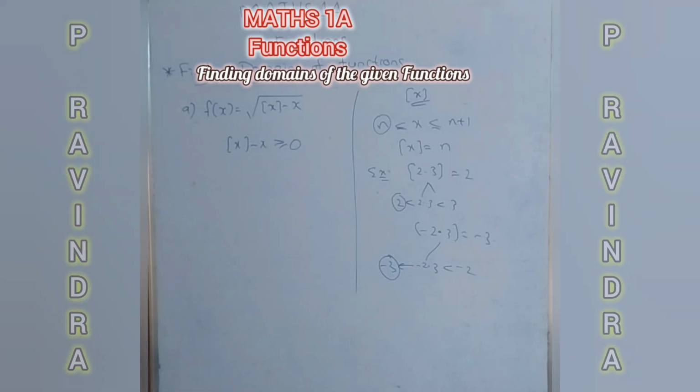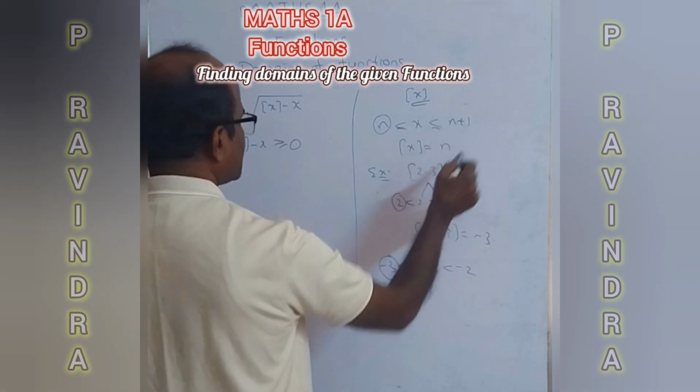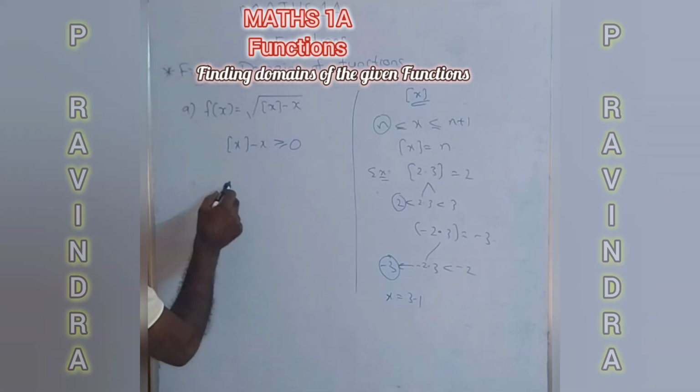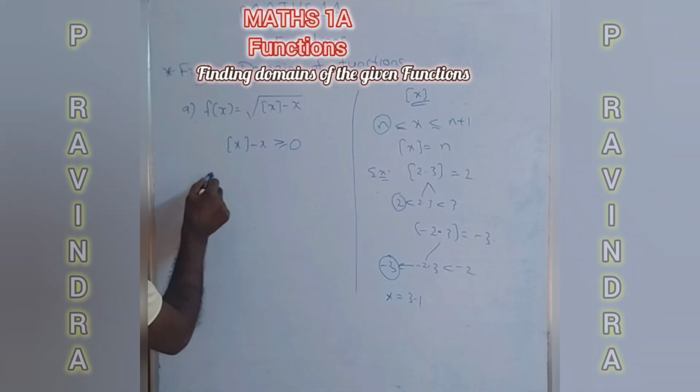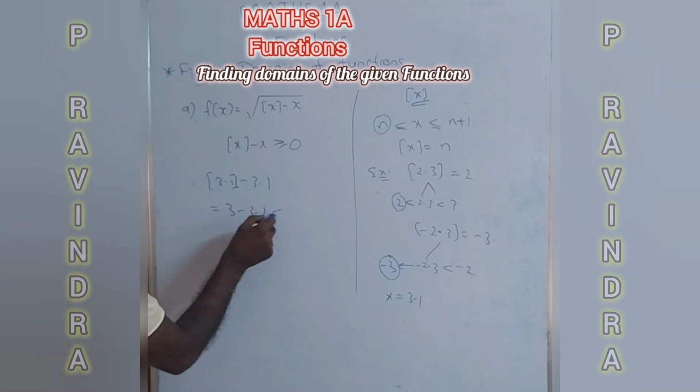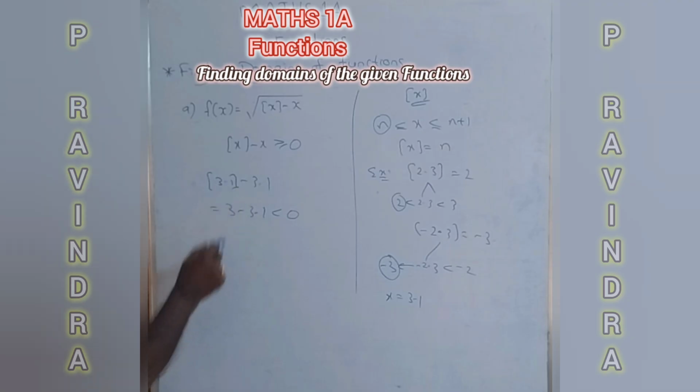Now let us see for what cases it may be positive or equal to 0. Let us take, for example, x equal to 3.1. Step of 3.1 minus 3.1 will be 3 minus 3.1, which is negative here because it is minus 0.1. So it indicates that you should not take 3.1 like this.